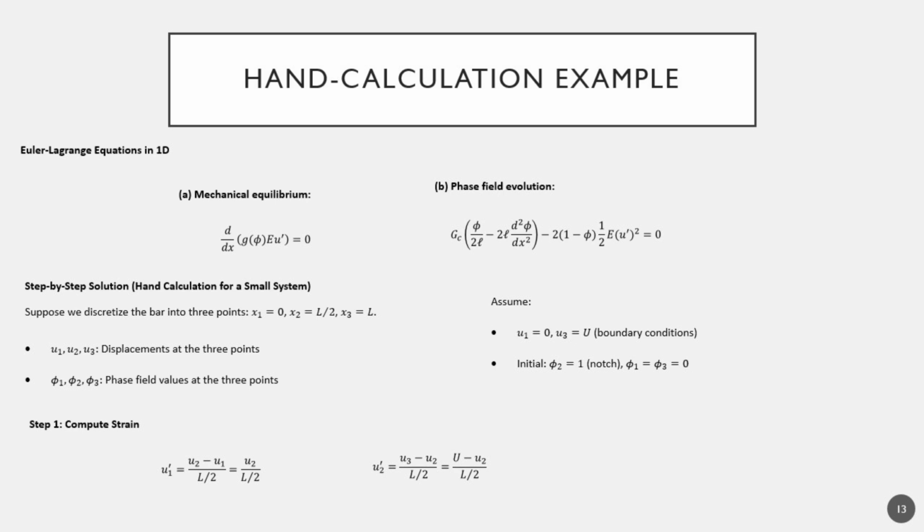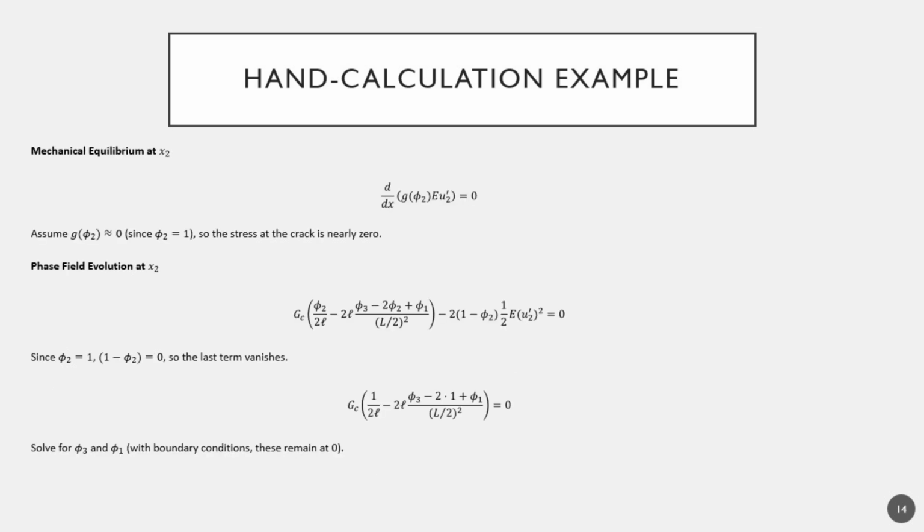And here are the boundary conditions, as we mentioned before. We can compute strain using equation 8, and by definition, strain is displacement divided by length. So it's the same formula that we are applying to get equation number 8. And when we put these values in the mechanical equilibrium equation, that is equation 6, and with proper boundary conditions, the stress at the crack is nearly 0.